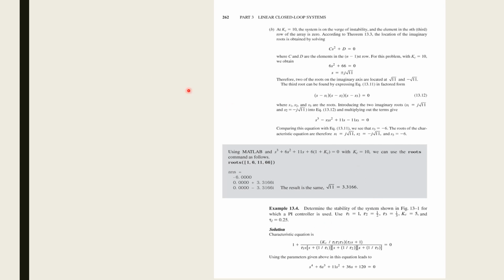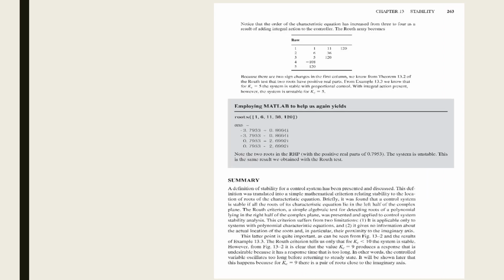If you put the values of the PI, given Kc is 5 and tau I equals 0.25, you are going to get the characteristic equation in this form, 1 plus g, and you get this polynomial. So you want to know the stability of the system. You put the coefficients into the Routh array, and we come out with the figures. Okay, is there a negative sign or not?